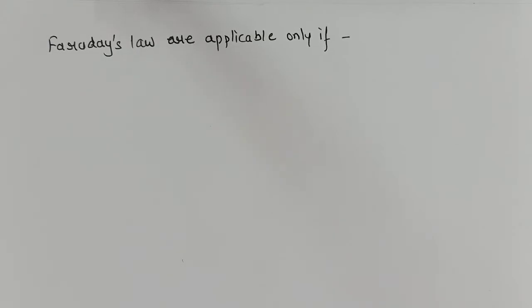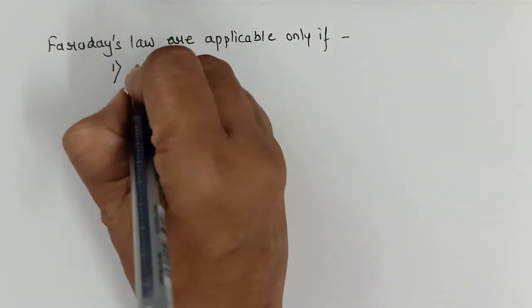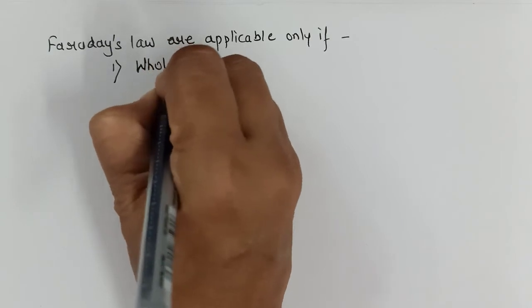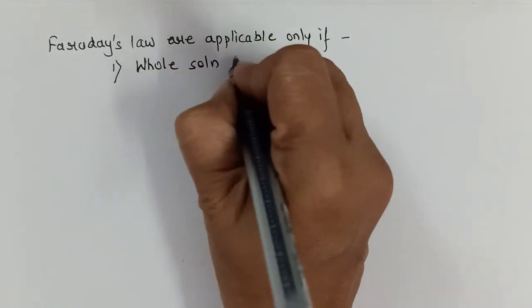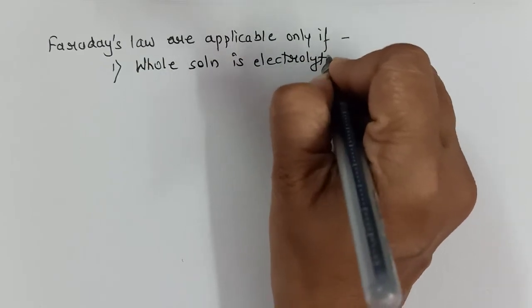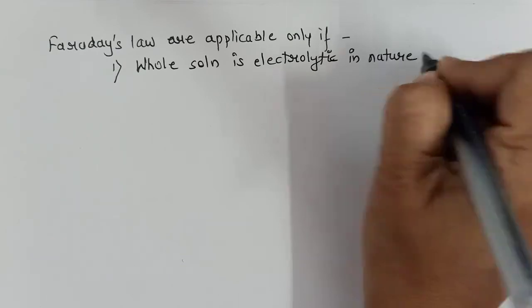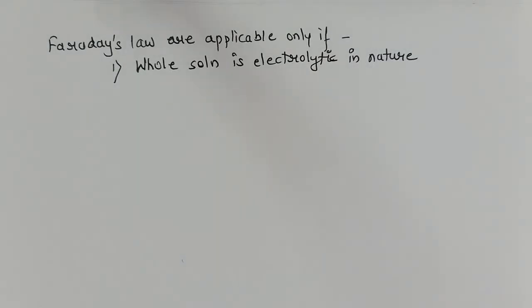Although Faraday's laws hold very good in calculating the amount of the substance deposited or liberated at the cathode, still they have certain limitations. Faraday's laws are applicable only if the whole solution is electrolytic in nature. That means the complete solution should behave like an electrolyte.